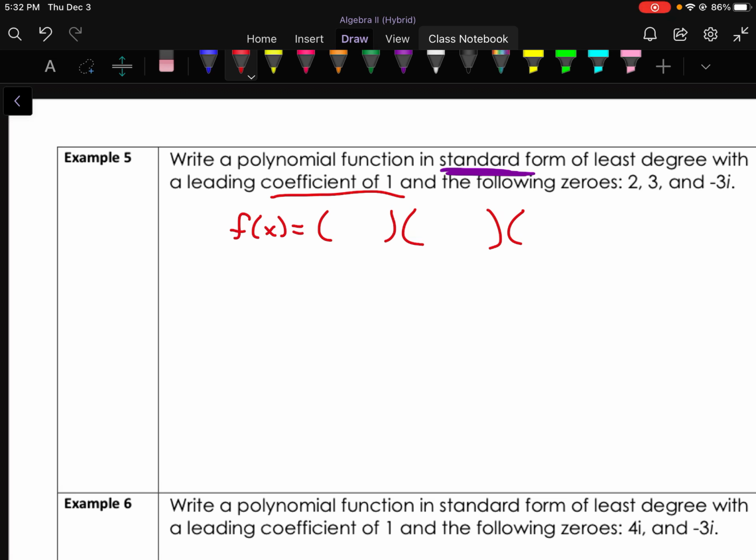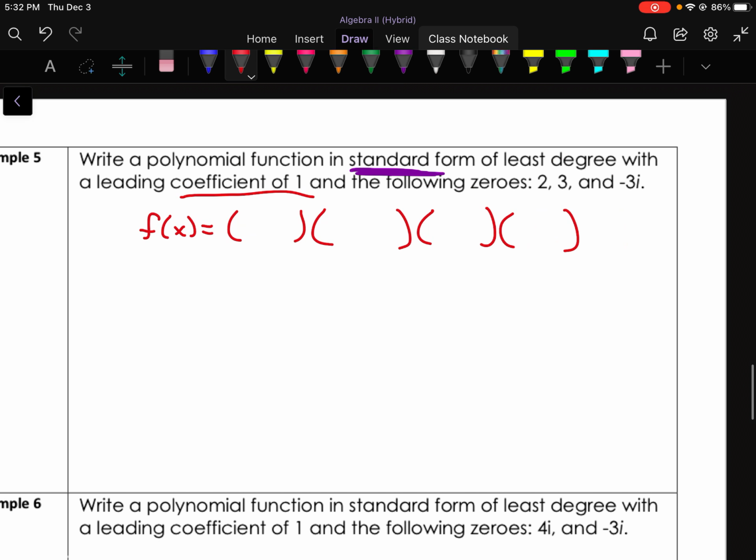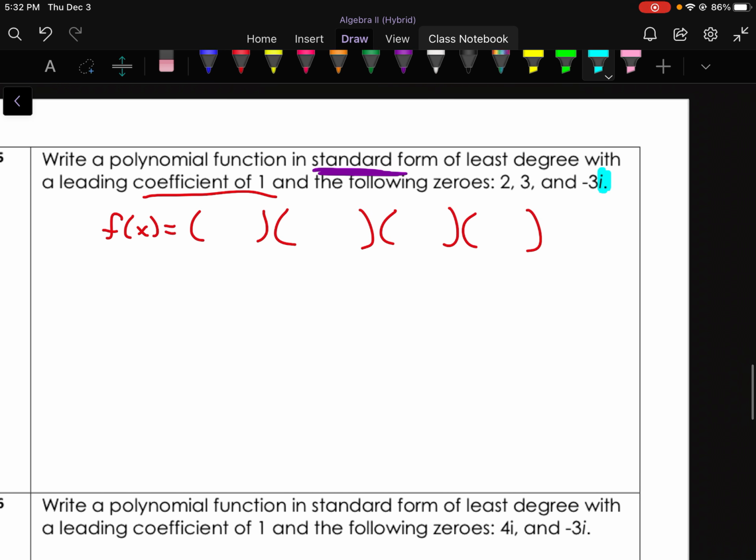Be careful, because anytime you have an imaginary number, but there's only 1, you also need to include its conjugate. So negative 3i is an answer, but that also means positive 3i is an answer. And most of the time, if you're given one imaginary number, it's your job to remember that there is another possible solution.